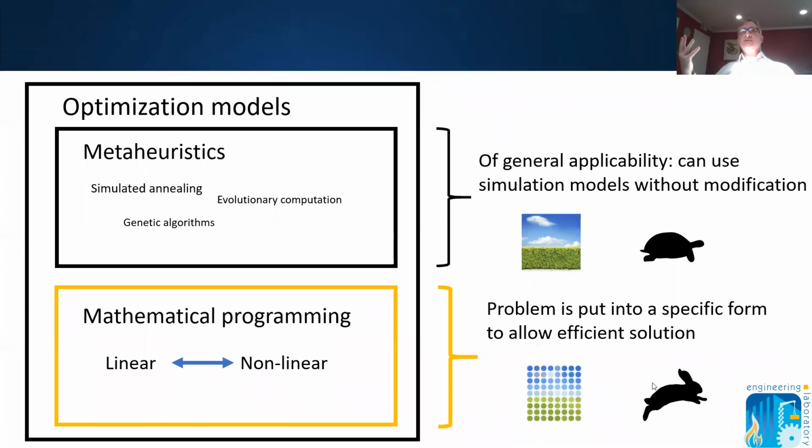And within optimization models, we're further zooming in on what the tool I had a hand in developing uses. We have metaheuristics, where we can pretty much use the simulation models we have, which capture a lot of the realism of our problems, but some of those methods are slower.